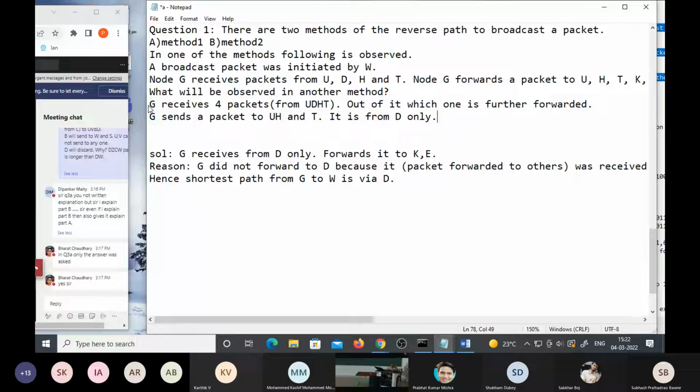Now, it means the unicast path from G to W is via B. In method 2, a node always receives a packet from the smallest path.